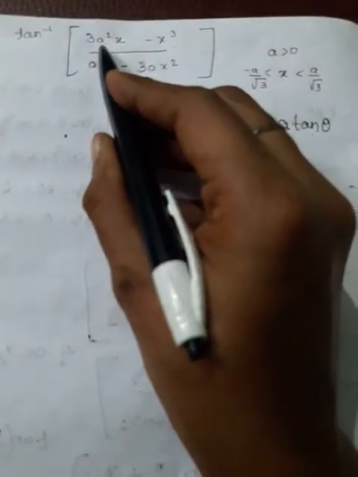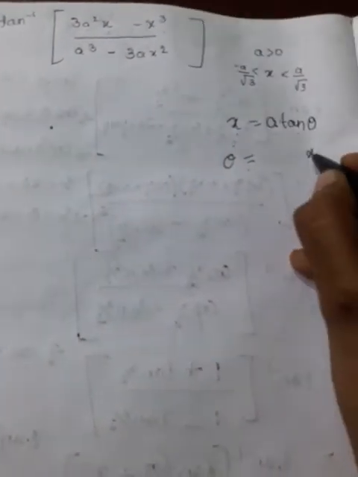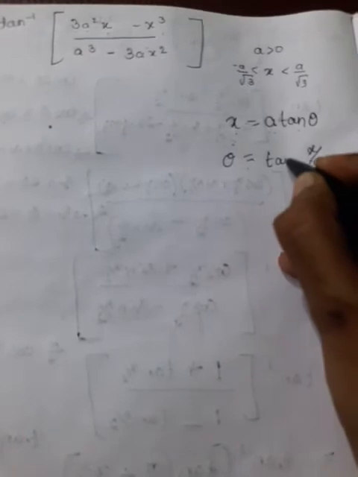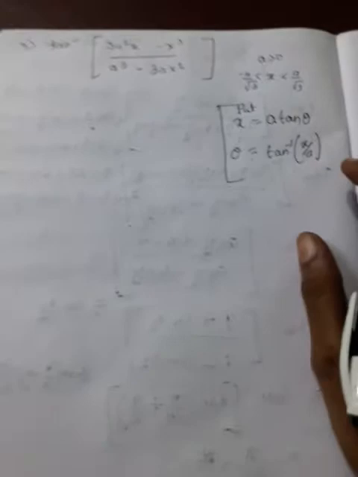If I write a here, this becomes a cube. Therefore theta is equal to tan inverse of x by a. Keep this in mind. Put x equal to a tan theta, therefore theta is equal to tan inverse of x by a.